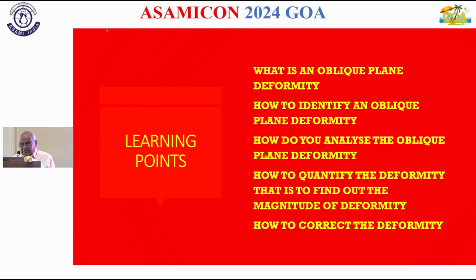What is an oblique plane deformity? How to identify the oblique plane deformity? How do you analyze the oblique plane deformity? How to quantify the deformity, that is, to find out the magnitude of the deformity?